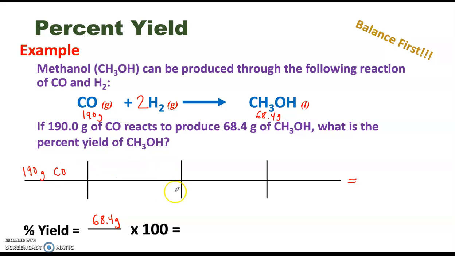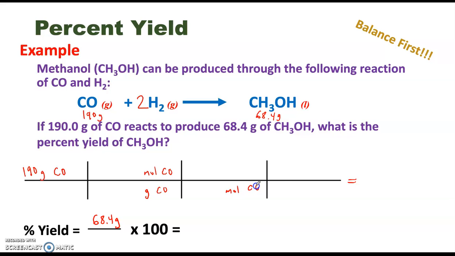190 grams of CO. So I'm just going to take grams of CO, bring it down, moles of CO. Sorry, my MacBook gets slow here, and when I draw circles, it makes them very jagged. It's really bothering me, so I'll just have to draw a little bit slower.